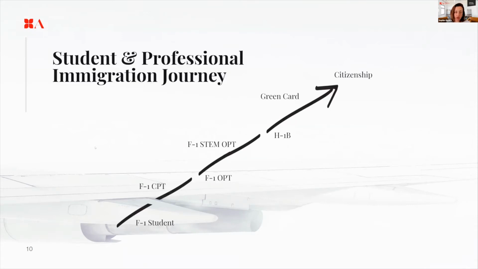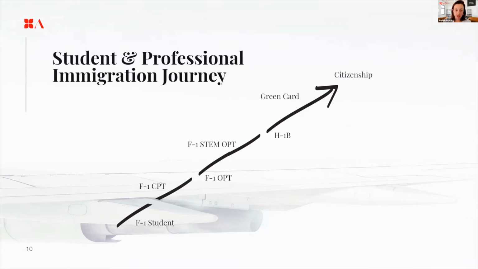Now, there is also a subpath that is most common for professionals who have come to the United States as international students. The most common non-immigrant classification, a visa for international students, is an F1. There are also some people who come to study on J1 exchange visas, but that's less common.